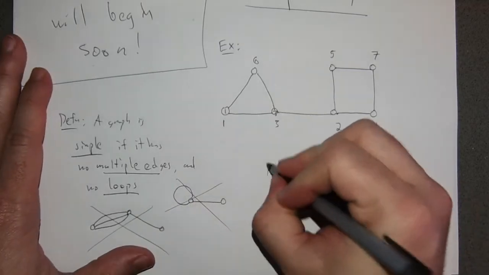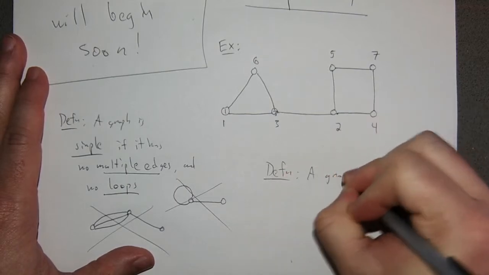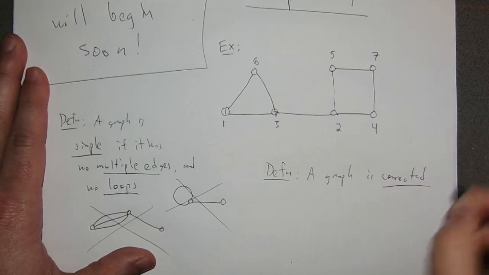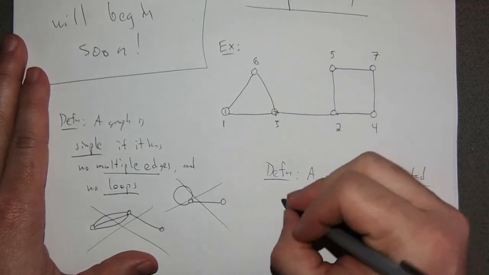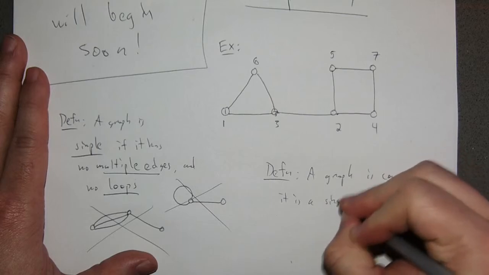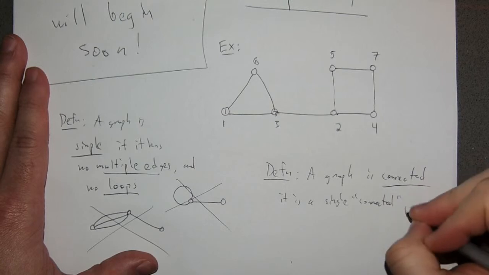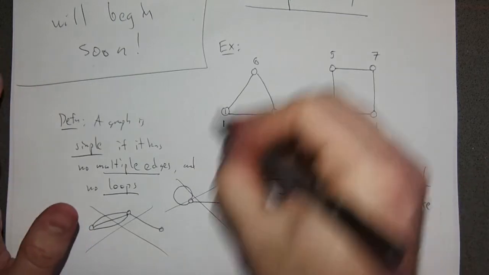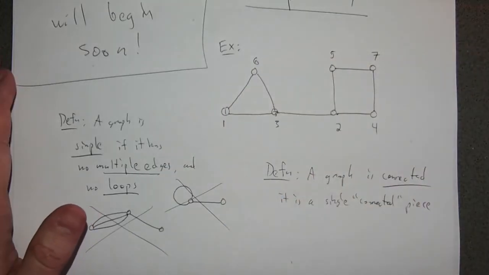Another definition: a graph is connected if it's a single connected piece. You can think about this as being path connected, in the sense that there's a continuous path between any two vertices.